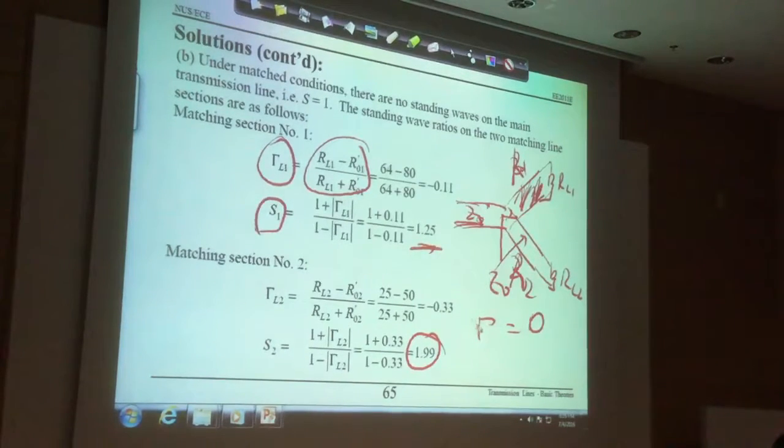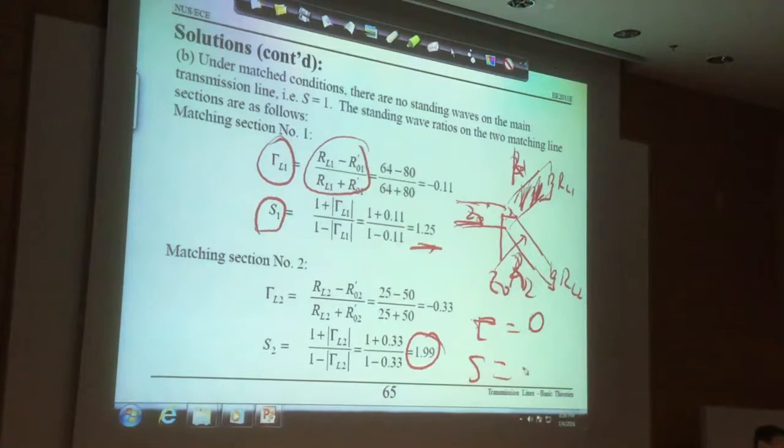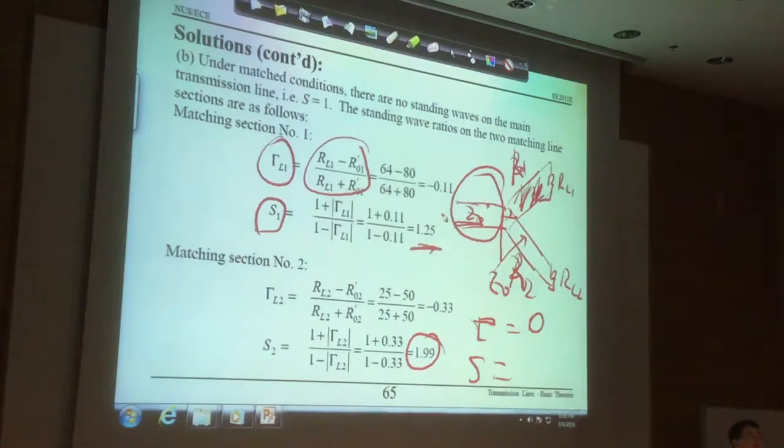Reflection coefficient is equal to 0, right? It's much lower. So along the main transmission line, S is equal to, what is SWR? S is SWR.